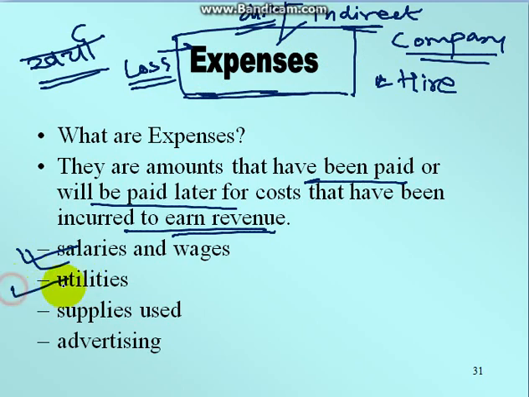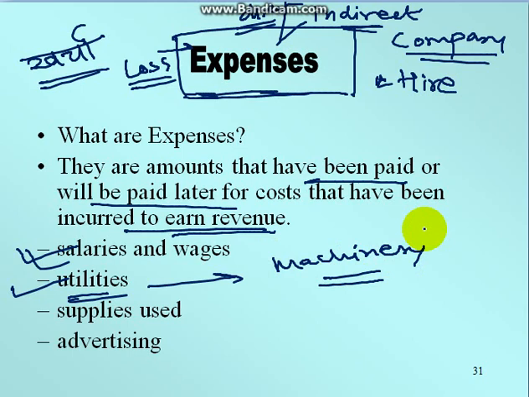On utilities also we incur expenses, for purchasing some machinery which is helpful for the company's future growth, so that more revenues can be generated. Or using the supplies or advertising of the product.